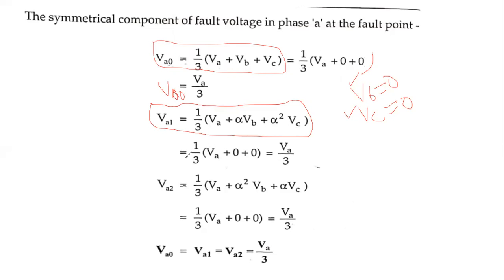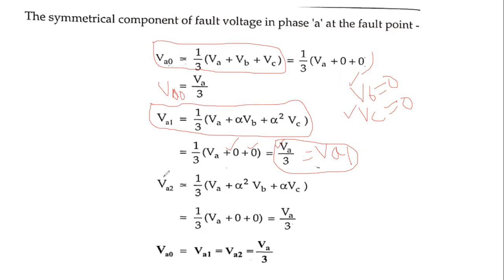Then we obtain 1 by 3 into VA plus alpha into 0 plus alpha square into 0, which is 0 plus 0. Then we obtain VA by 3. Therefore VA1 is equal to VA by 3, this is the positive sequence voltage.